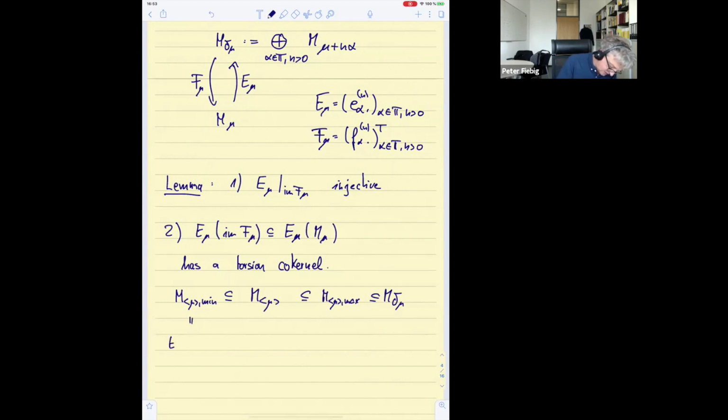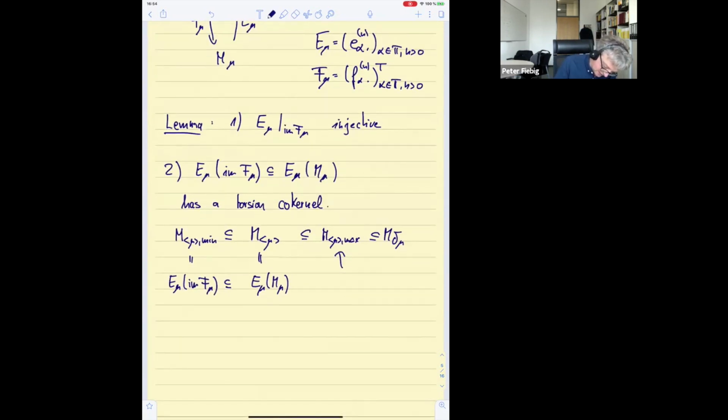Well, the minimal one is just E_μ applied to the image of F_μ, which is what we had before, and the maximal one is, let me just say shortly, the maximal N that contains this minimal subspace such that the quotient is torsion.